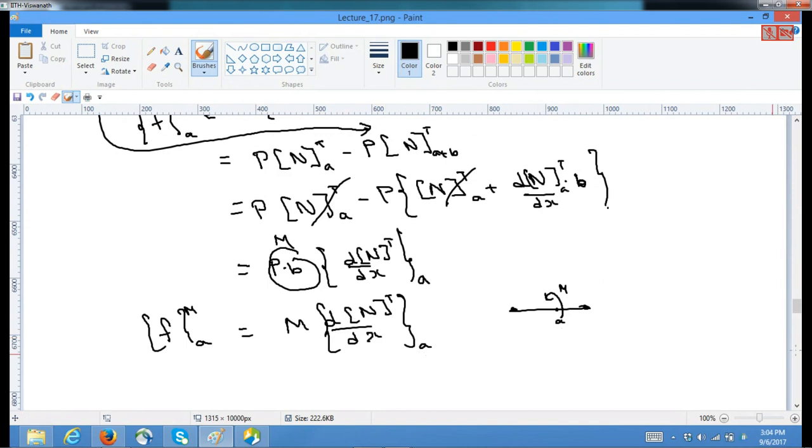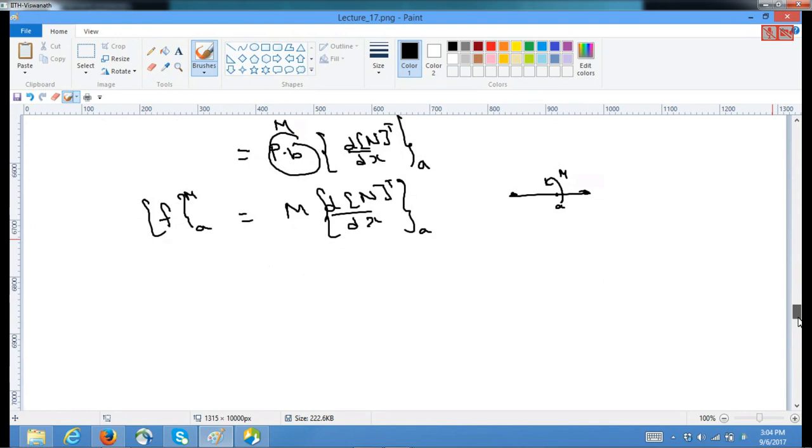So if you look at its equivalence with respect to point load, before, F at P, the F of point load was simply given by N transpose evaluated at X equals A. So this is what we got for case 3.